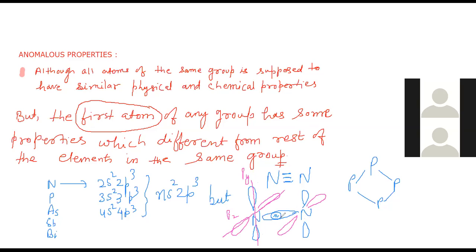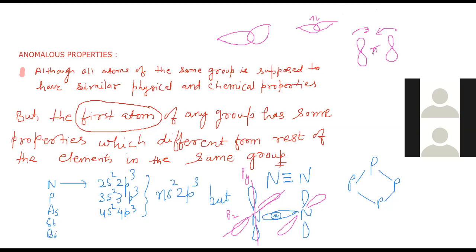So when head-on overlapping of orbitals takes place, head-on overlapping means like this, then a strong bond is formed. But when lateral overlapping takes place, that means they get inclined towards each other a little bit, then a weak pi bond is formed.